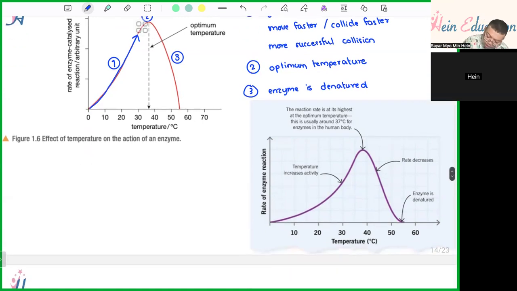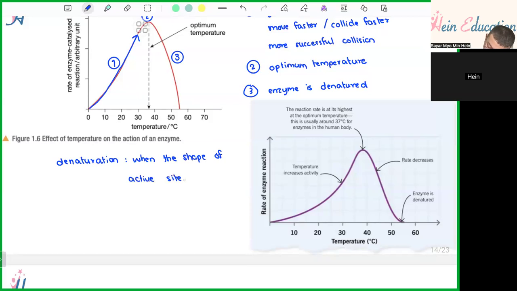Denaturation is when the shape of the active site changes, where the substrate can no longer join or no longer bind.